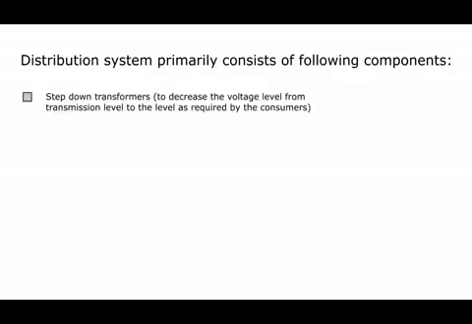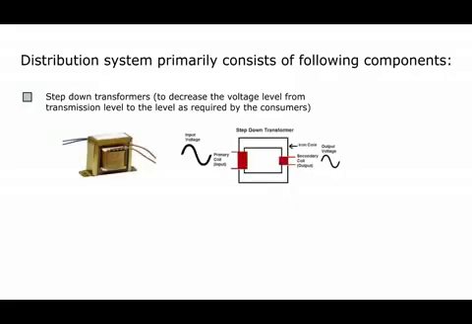Distribution system primarily consists of the following components: step-down transformers to decrease the voltage level from transmission level to the level as required by the consumers.